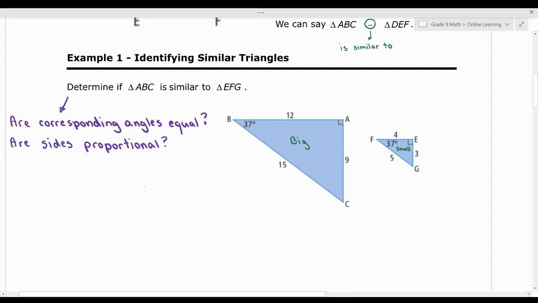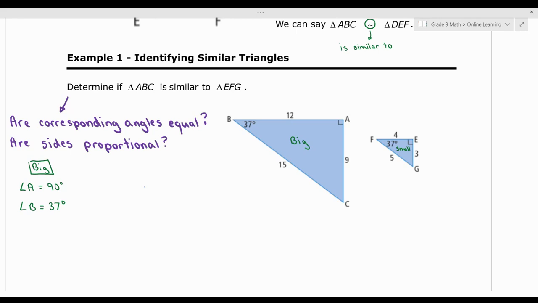Okay, so what I would probably list is I'm going to check angles first. With my big triangle, I know that angle A is 90, right? The little square represents that it's a 90-degree angle. I know that angle B is 37.